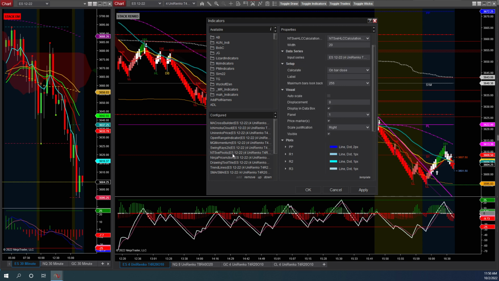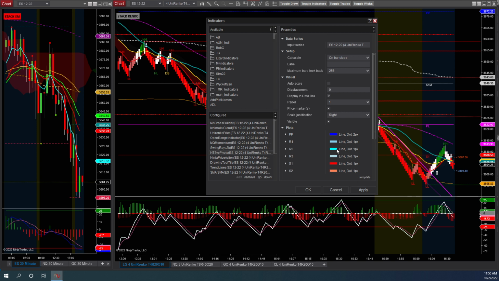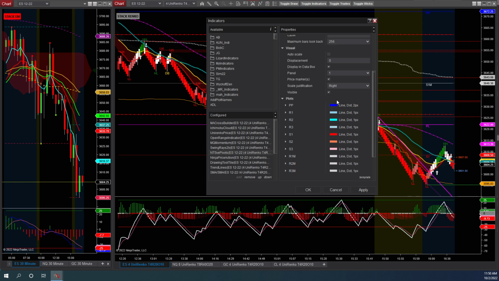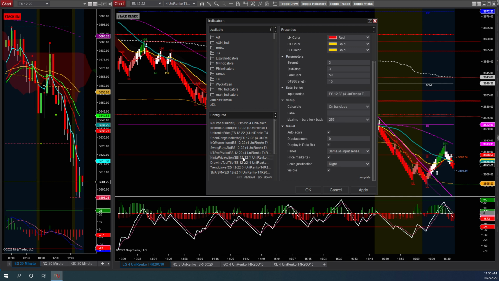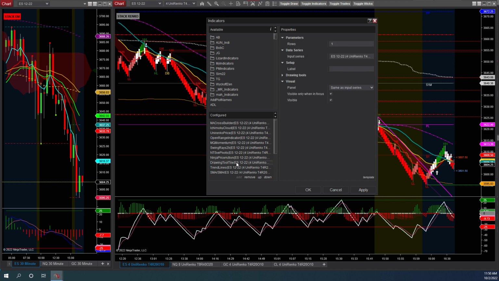The pivots, okay, I'm going to delete them as well. Then Ninja price action. This gives me the higher highs, higher lows, and all of that. I'm going to disable it as well. And then the drawing tool, I'm going to leave this one there.